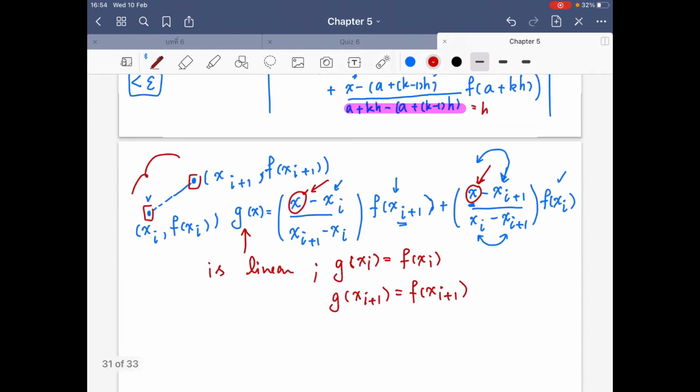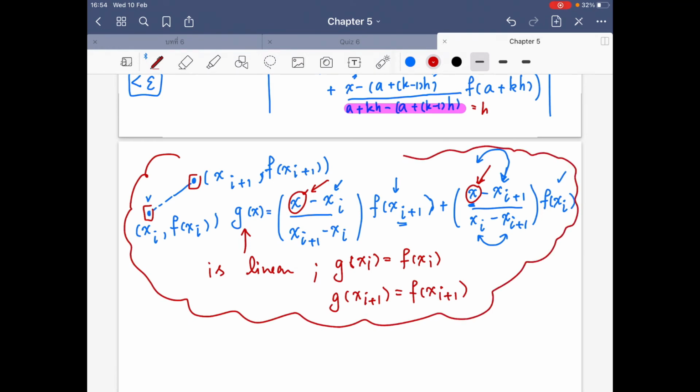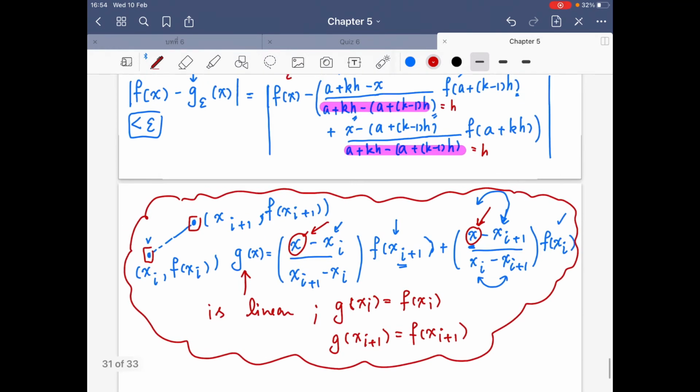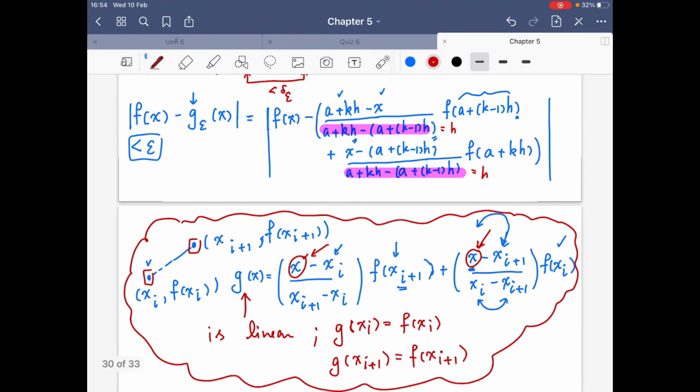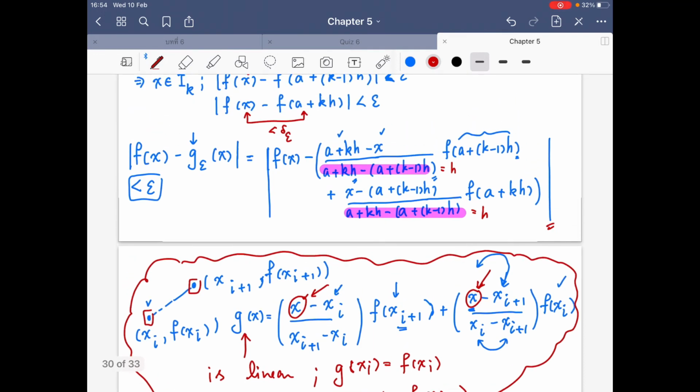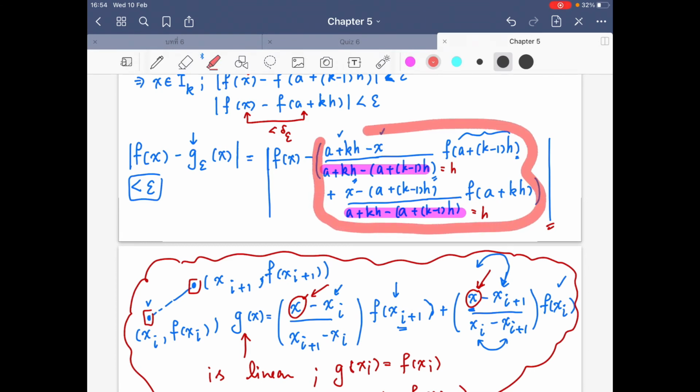So this one is our imagination. This is our scrap paper. So let me start from here, okay? Okay, so your f subtract the whole thing here, the whole thing here is your g epsilon, right?